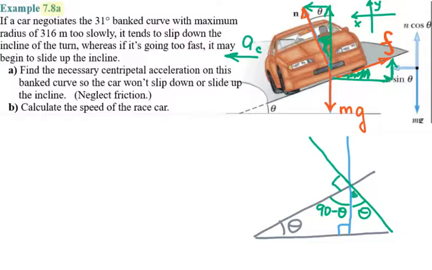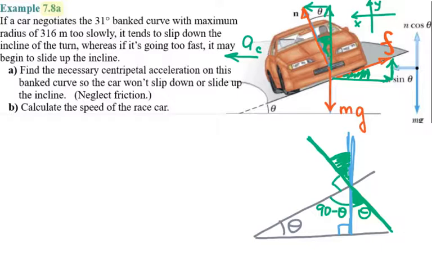So if this angle is theta, then that angle is theta, because it has these two lines crossing, the blue one and the green one, and these are the internal angles, or vertical angles as they're called. So they're equal to each other. So that angle right here is also theta.